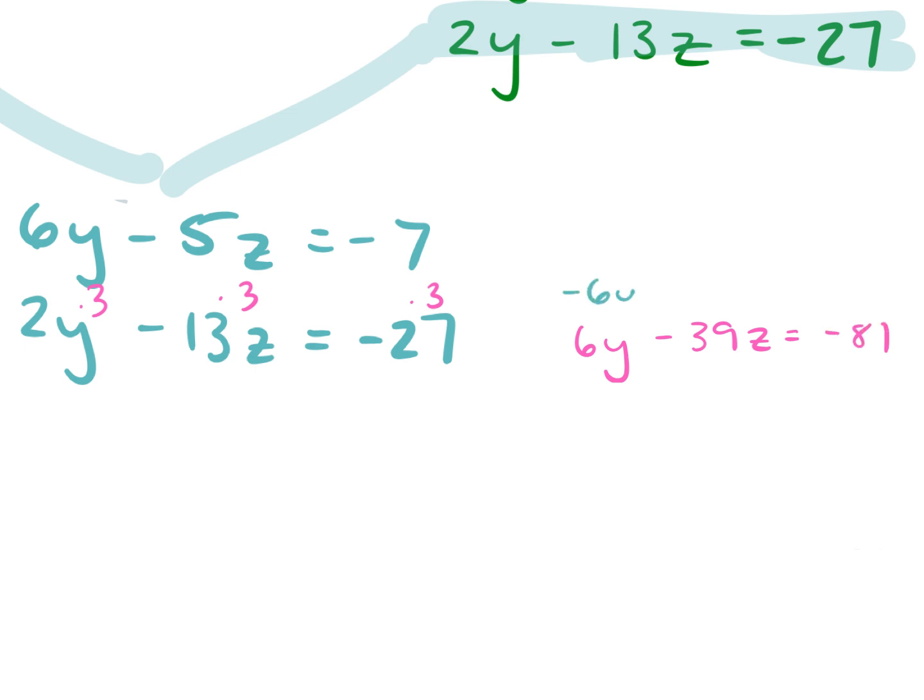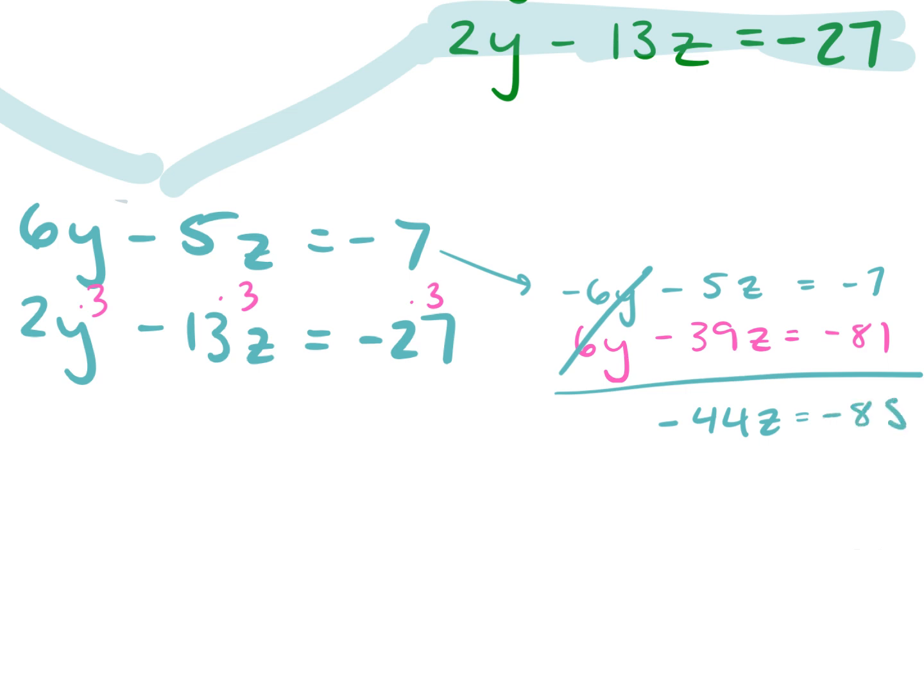And negative 6y, I'm rewriting the first one here just to keep them on top of each other, minus 5z is equal to negative 7. So now our y's cancel. We have negative 44z, and it's equal to negative 88. What should we do next?